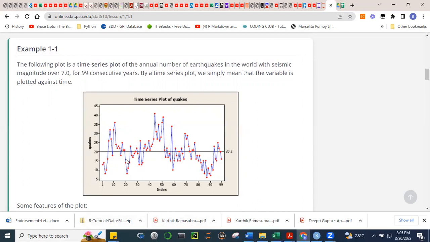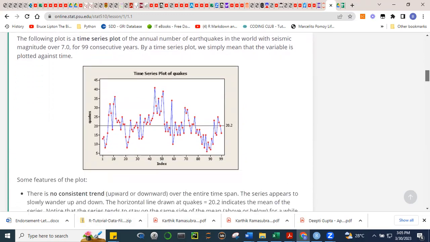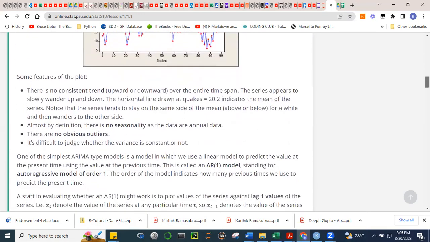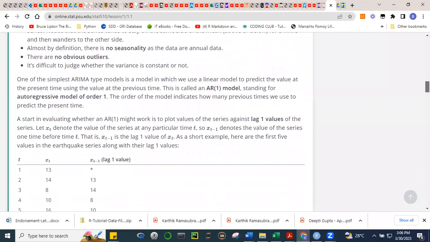So these are abrupt, drastic changes in our data. All right, so here, no constant trend, no seasonality in the data, no obvious outliers. It's difficult to judge whether variance is constant or not.